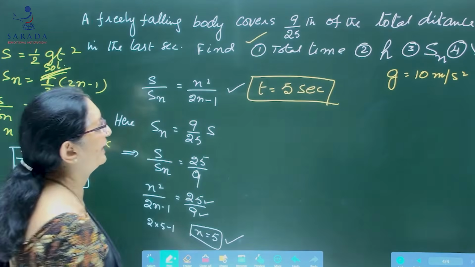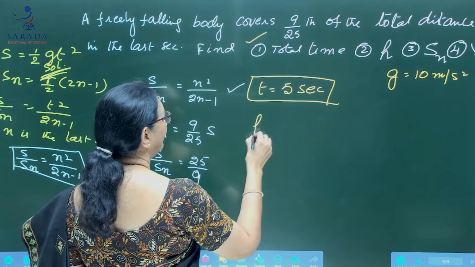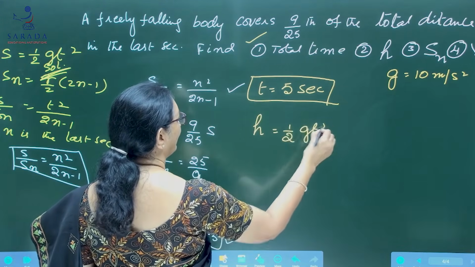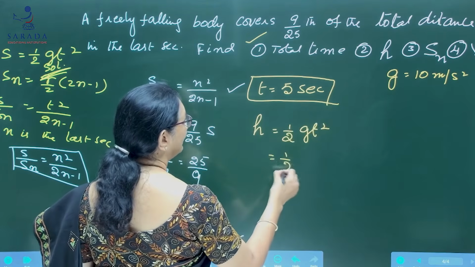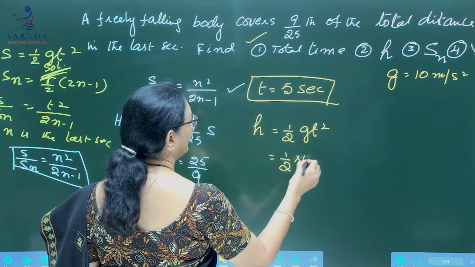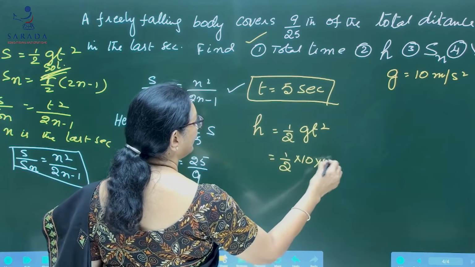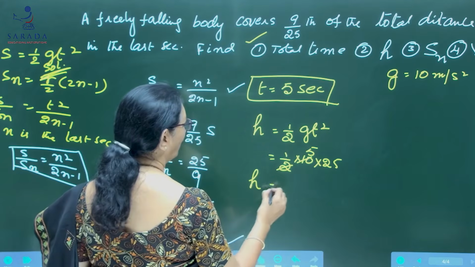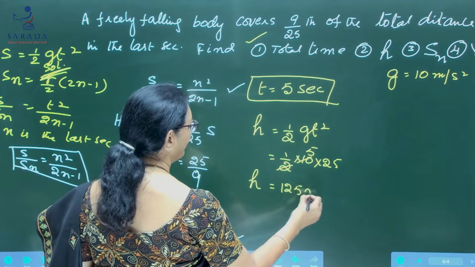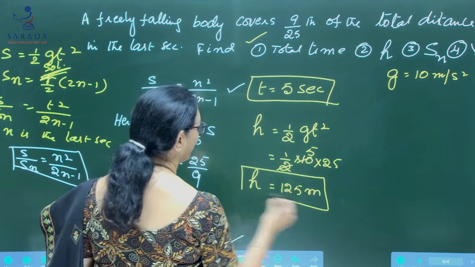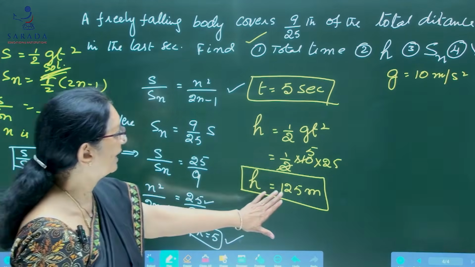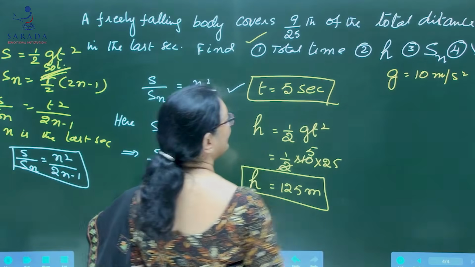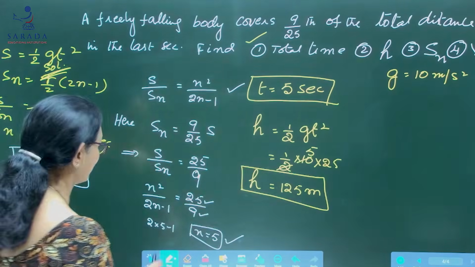Next, you need to find out height. So, height of free fall, S is equal to half gt square. So, half g is 10, t is 5, t square is 25. So, 5 25s are 125 meters. So, height from which the body is dropped is 125 meters. Next, you are supposed to find displacement in the last second.